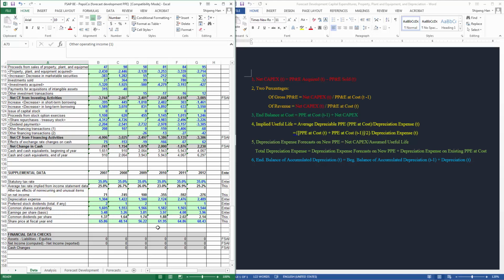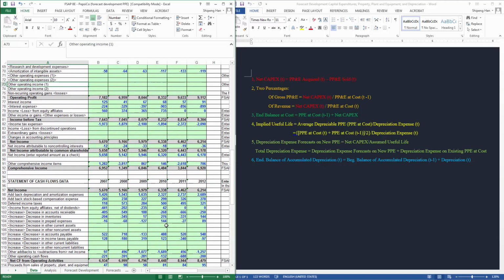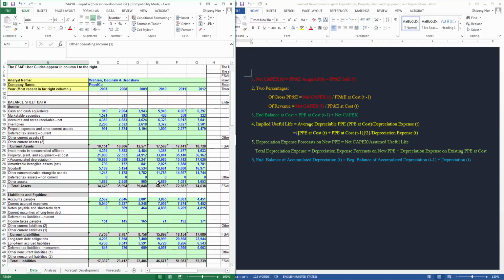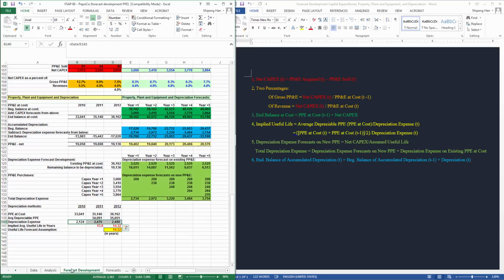The other way is, as financial accounting teaches us, we can calculate by comparing the difference of the accumulated depreciation, right? So the depreciation expense for year 2012 is just the difference between the balance of accumulated depreciation of 2011 and 2012. So that's the forecast of property, plant, equipment.